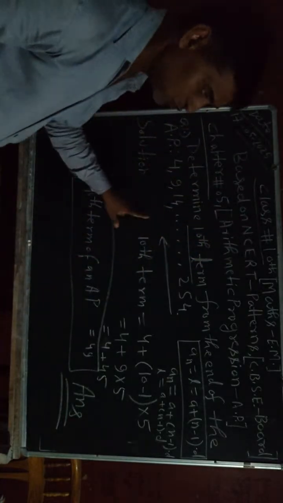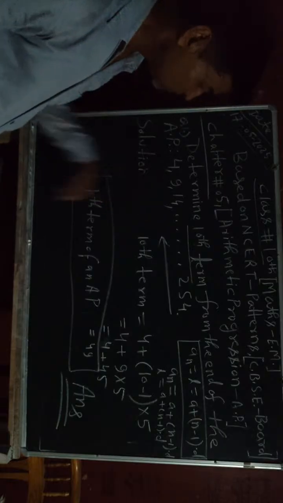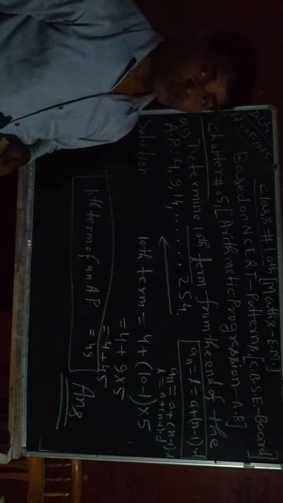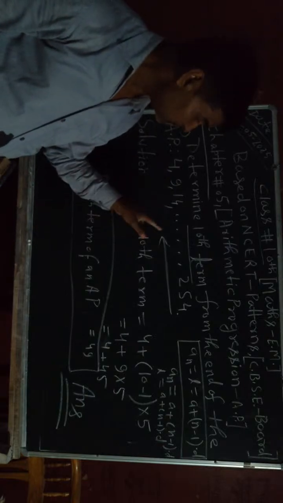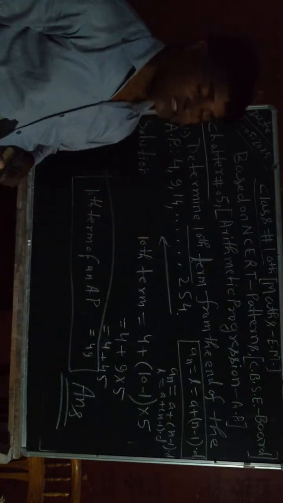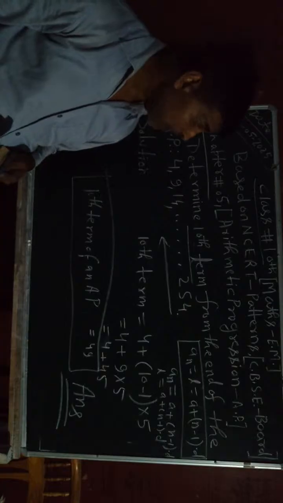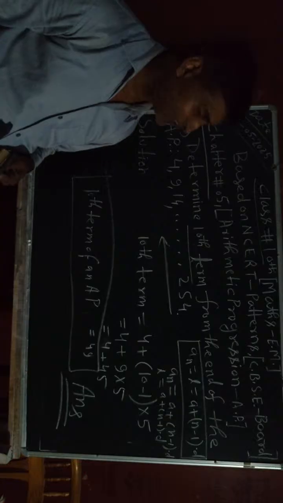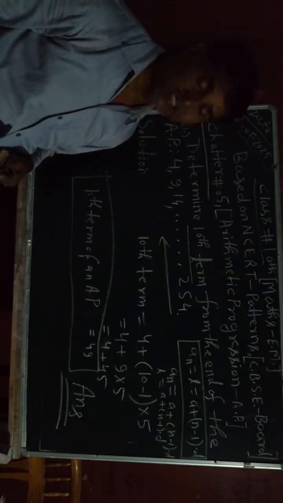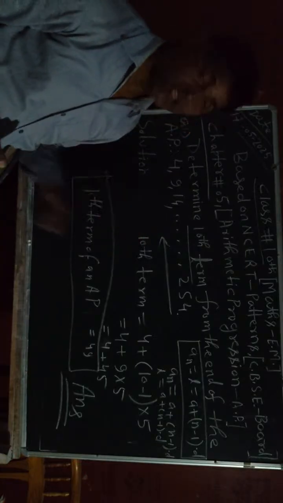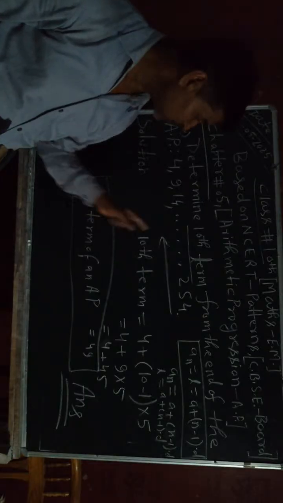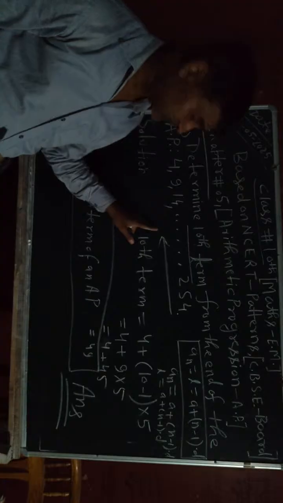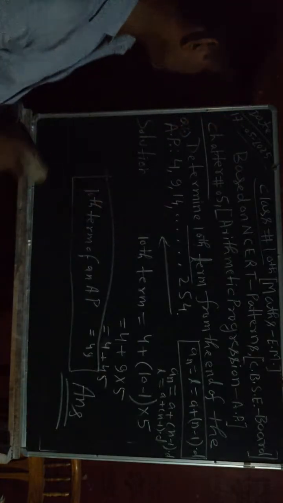Further I am going to erase this question and its solution, and after erasing I will first explain the theory of how to sum the first n terms of an AP series, and then I will take examples. I will solve some numerical questions from the textbook. Okay student, now further I am going to erase this.